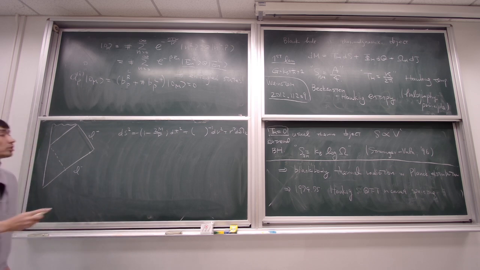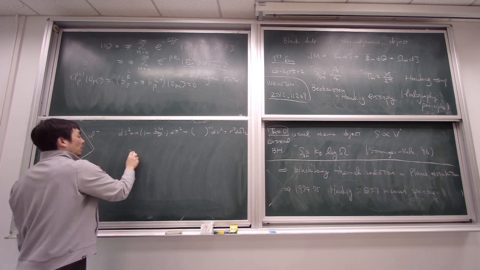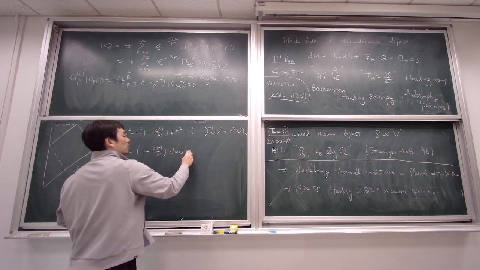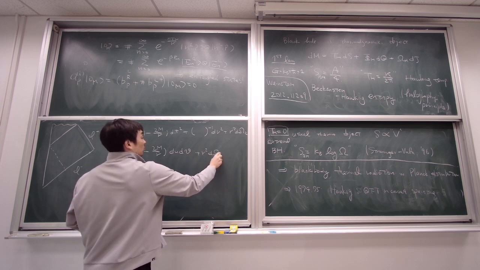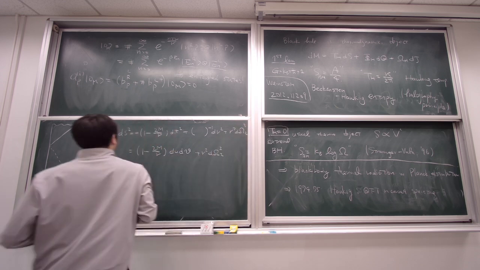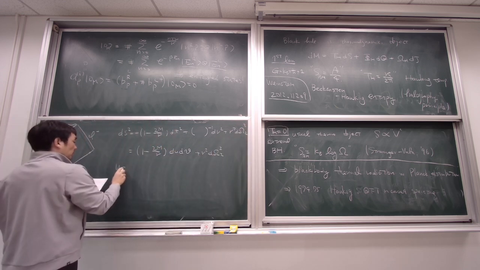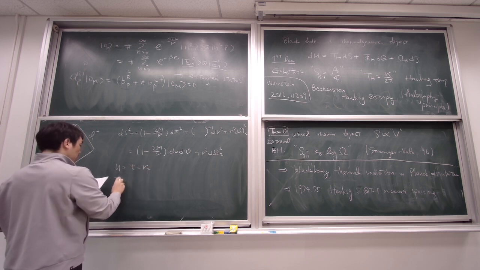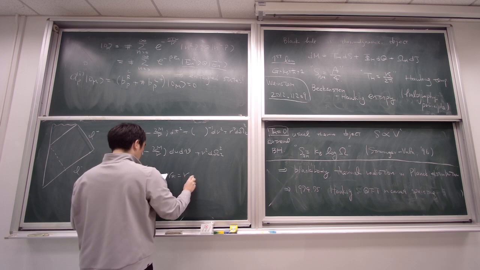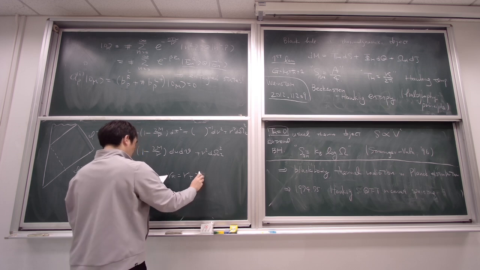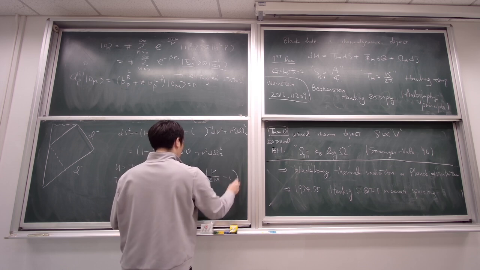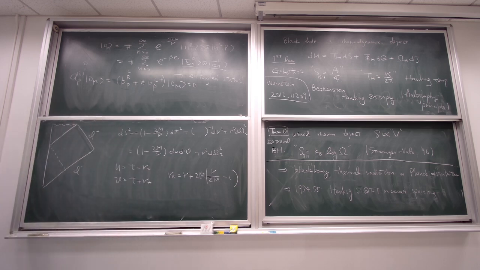Then we can use a change of variable, to the null coordinates du dv plus r squared, where u is t minus r star, v is t plus r star, and r star is the tortoise coordinate. That's what we had before.